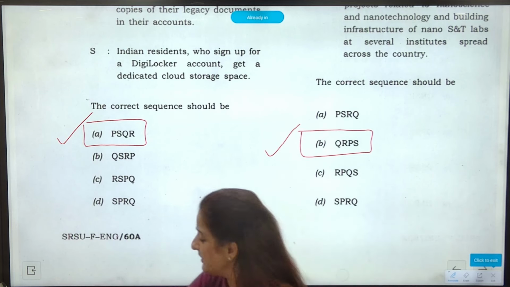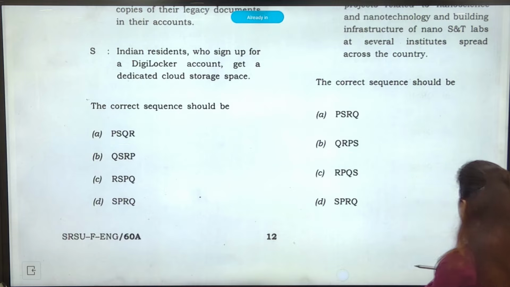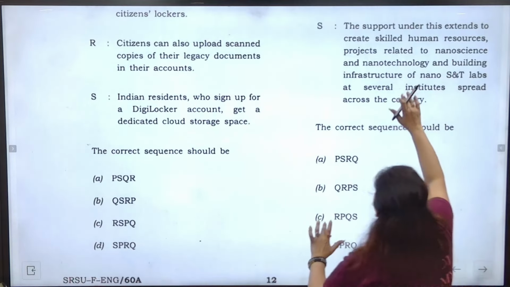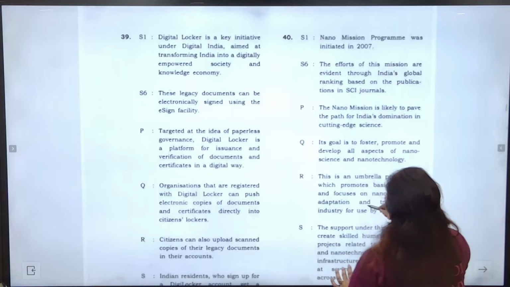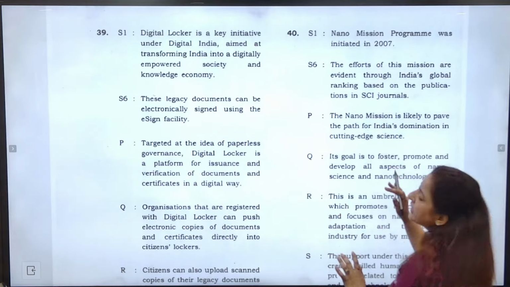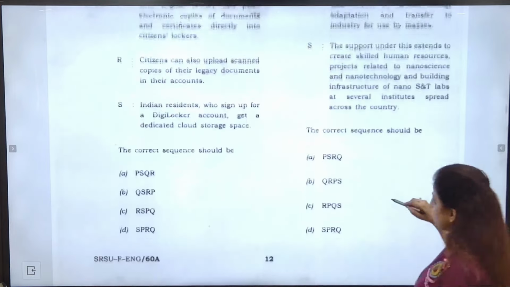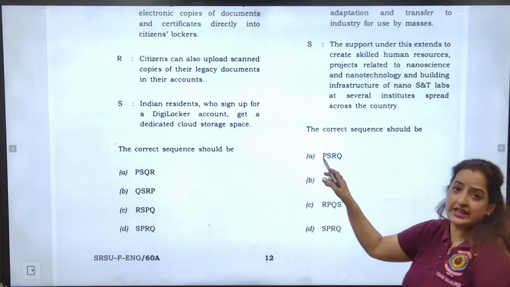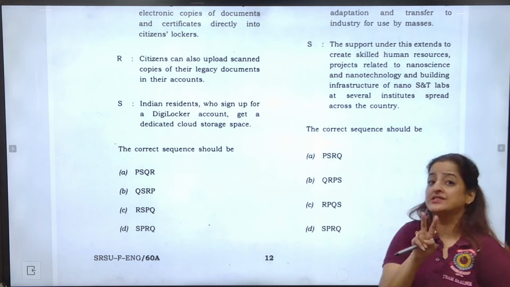Let's take any one question. Now that we know Bravo is the answer, we can go in reverse also. We'll have to zoom out. What we do in such questions is, first you read the first statement because it is S1, the first sentence. Then you go to the options. Then you read P in your mind: S1 then P, which means P is your second sentence.